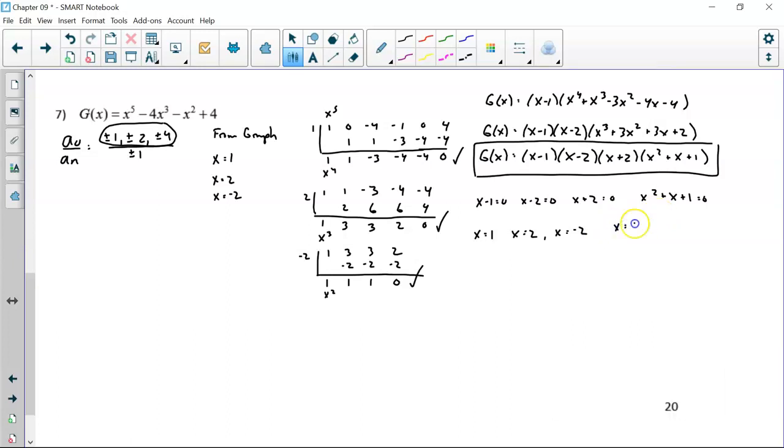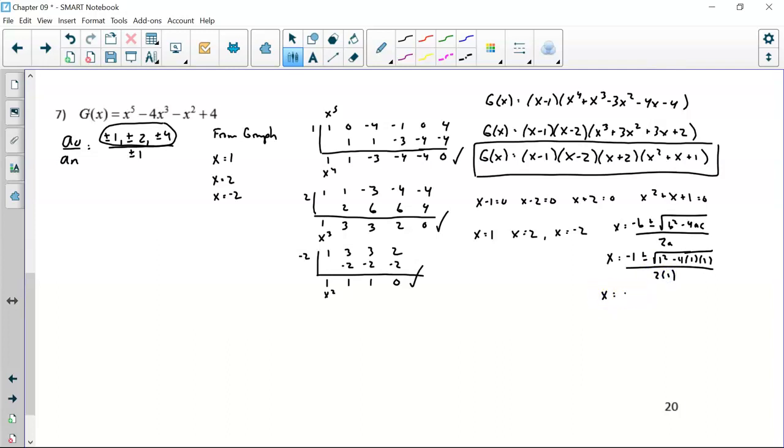X equals the opposite of b plus or minus the square root of b squared minus 4ac, all divided by 2a. So x equals negative 1 plus or minus the square root of 1 squared minus 4 times 1 times 1, all divided by 2 times 1.